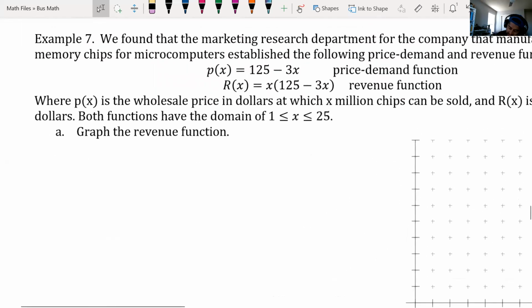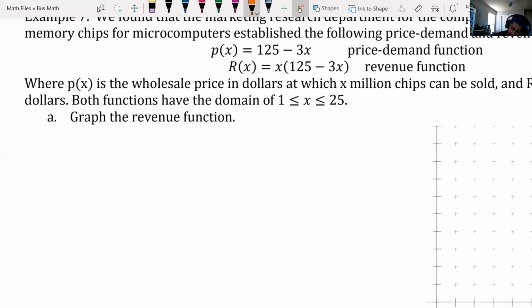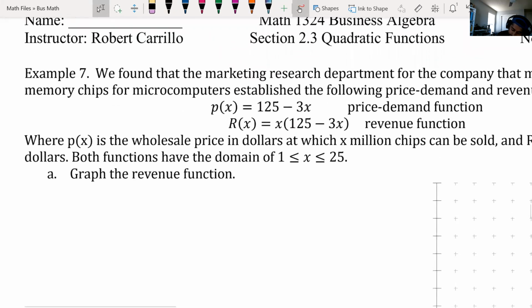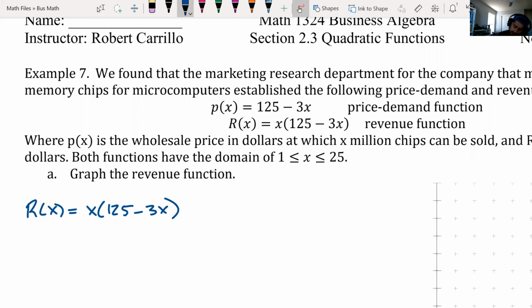So first off, let's pull this revenue function down here. Let me scroll down, there we go. So my revenue function is R of X equals X times (125 minus 3X). So I'm just going to distribute that X and get my new revenue function of 125X minus 3X squared.